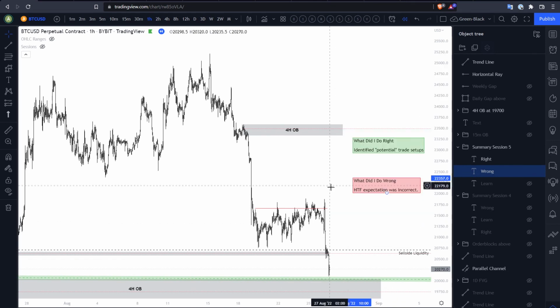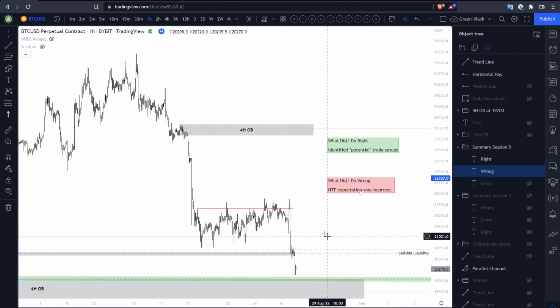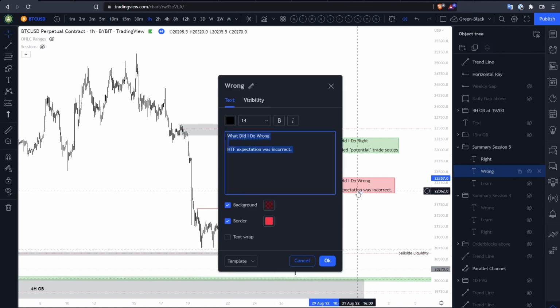Now the second thing is obviously I simply did not follow the very basic instructions of waiting for a market structure shift on each trade setup. It should be easy, right?